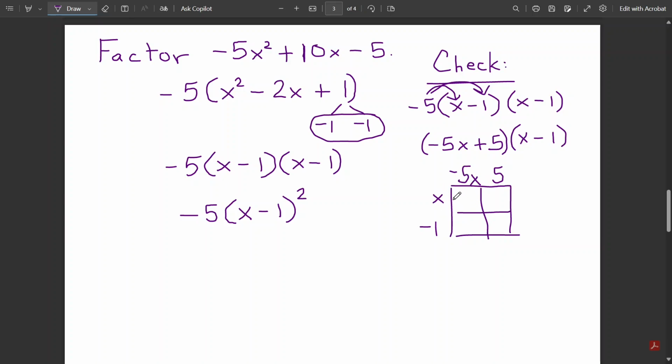Negative 5x times x is negative 5x squared. x times 5 is 5x. Negative 5x times negative 1 is a positive 5x. And then negative 1 times 5 is negative 5. So we've got the first term, the negative 5x squared. Then we'll combine our like terms, so 5x plus 5x, that's going to give us 10x, and then we have negative 5. So it does check out, and we're done with that example.